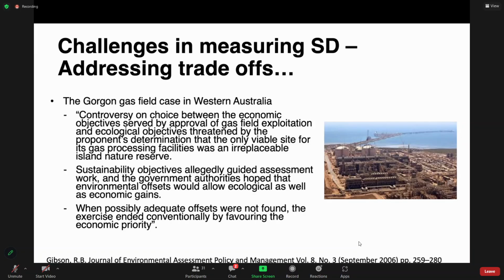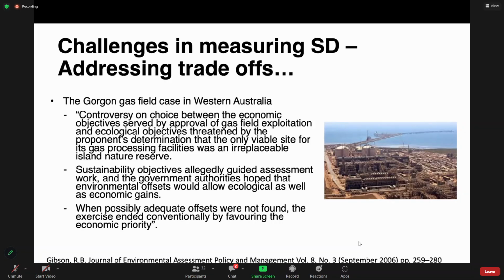But the problem was that the only viable site for the gas processing facility was on an island nature reserve, which had irreplaceable ecological value.